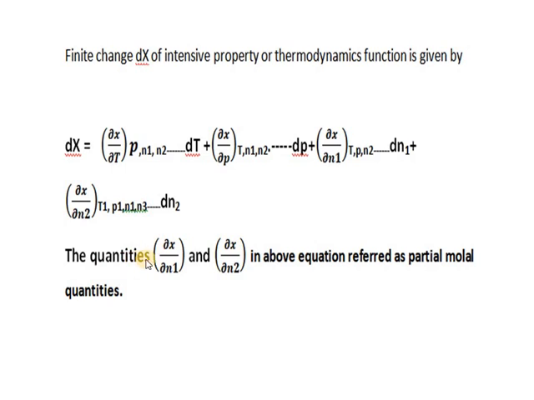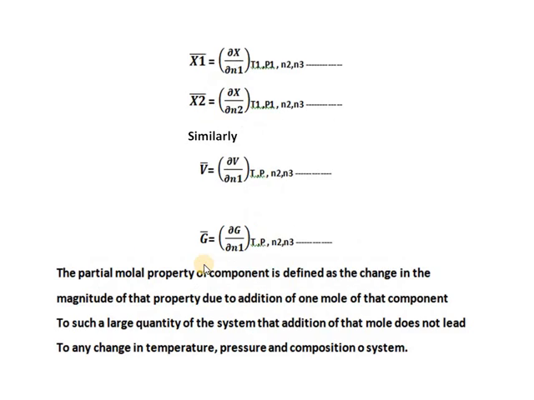The quantities ∂X/∂n1 and ∂X/∂n2 in the above equation are referred to as the partial molar quantities. Similarly, the other partial molar properties are represented by using a bar over the symbol for the property.